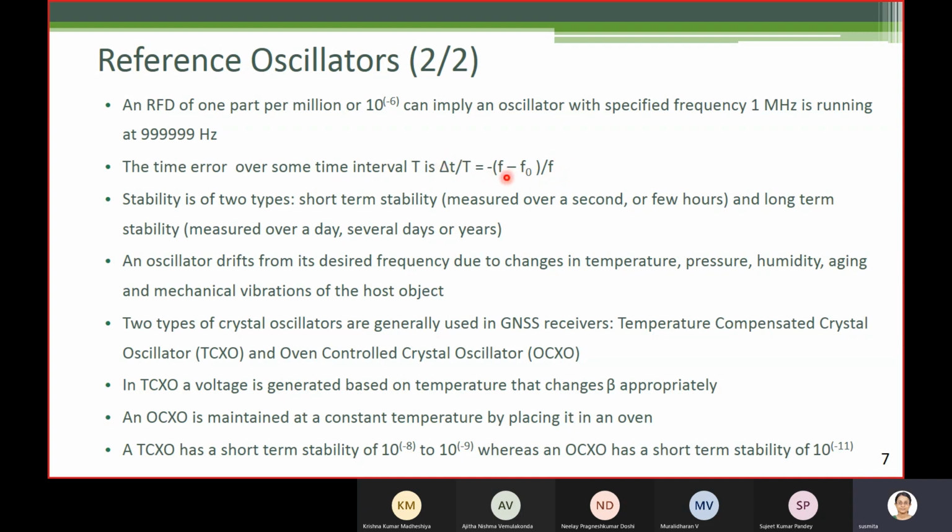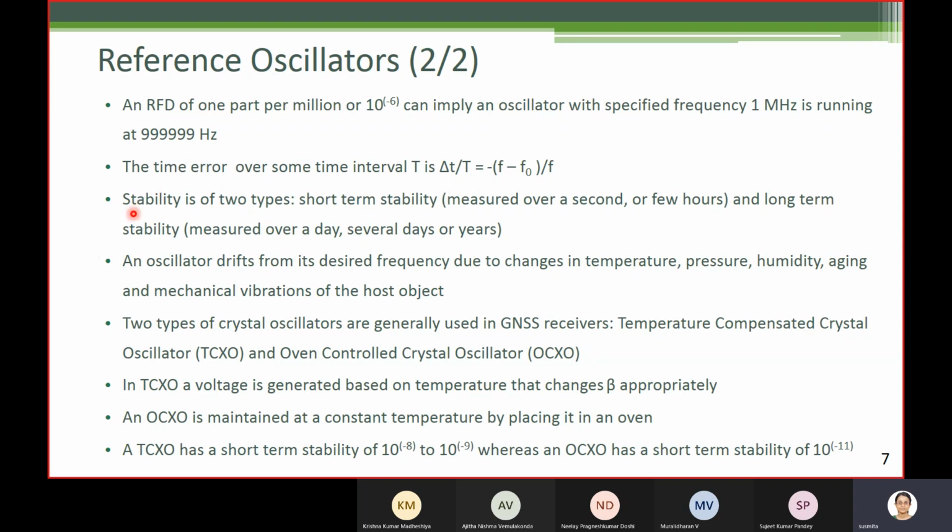And using this relationship, you can easily find out what happens to the time error when the oscillator is running fast or running slow. Running fast means frequency is less than the desired frequency.